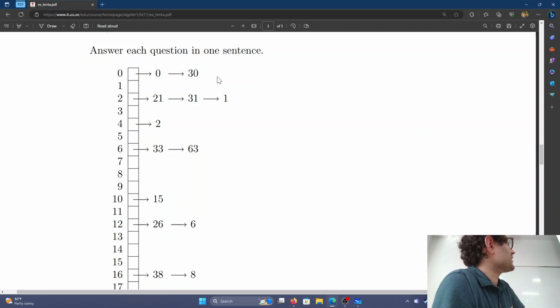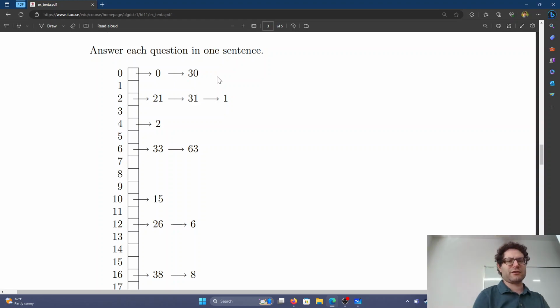See, all the zeros ended up in 0, all the 1s in 2, all the 2s in 4, all the 3s in 6, all the 5s in 10, all the 6s in index 12. When we say it out loud like that, that gives actually a pretty good relationship, right? 0 to 0, 1 to 2, 2 to 4, 3 to 6. It's doubling.